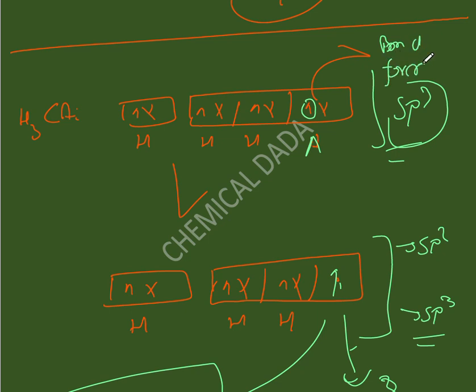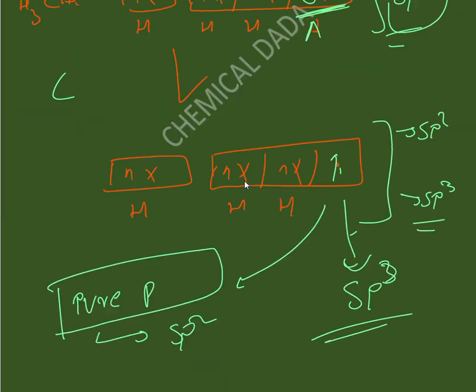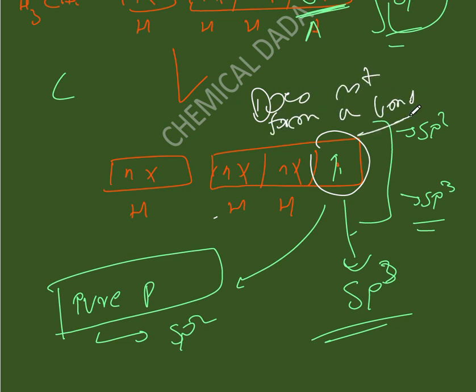So carbon was having a finite profit by hybridizing this orbital and forming a bond. Now in this case, this electron does not form a bond.